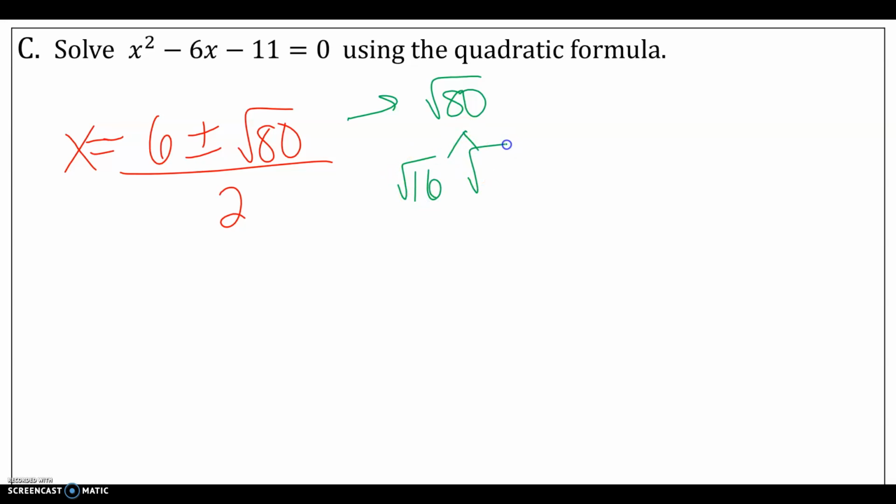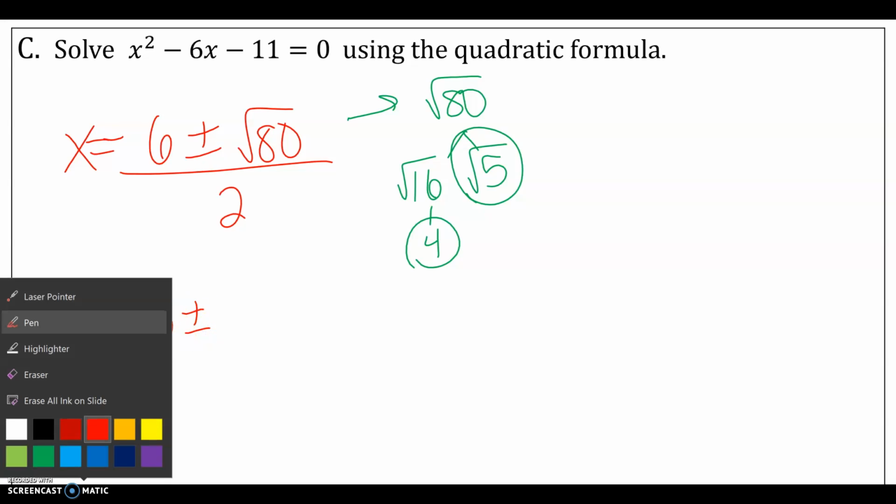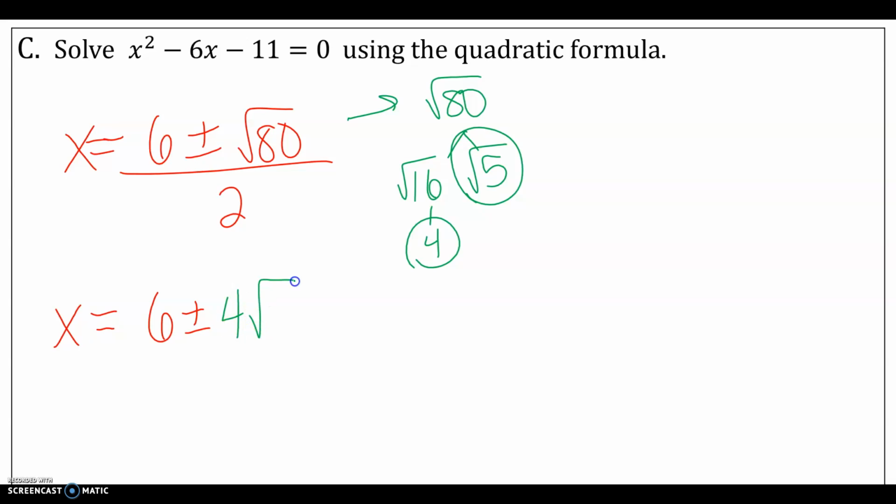So radical 16, radical 5, so this becomes a 4. Circle that. So if I rewrite this, you're getting 6 plus or minus 4 radical 5, all divided by 2. Again, notice I just replaced the radical of 80 with 4 times radical 5.